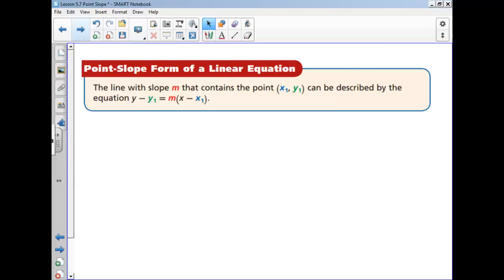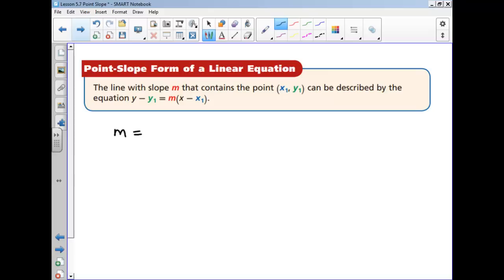The point slope form of a linear equation is a form that we are going to use throughout the rest of this book. What it does is it takes the slope and a point and allows us to write it into an equation format. The point slope form comes from the slope formula.